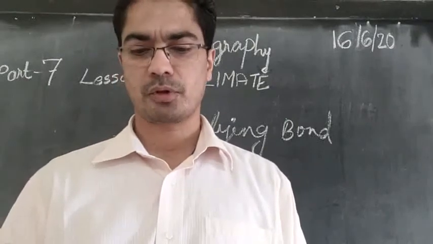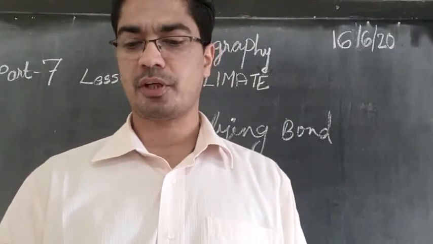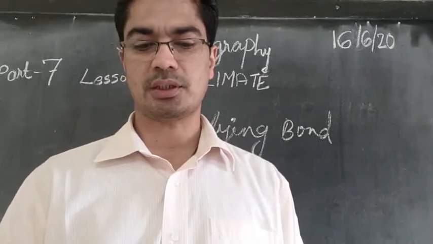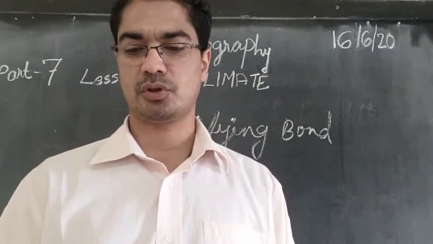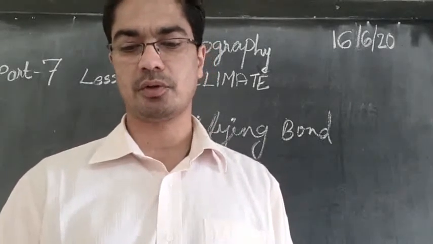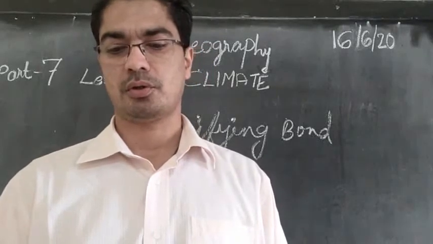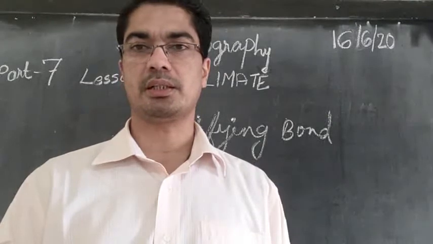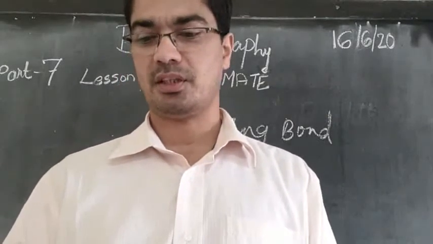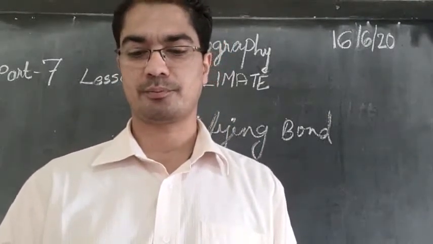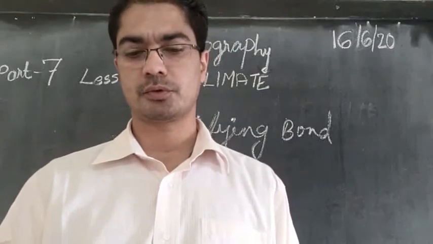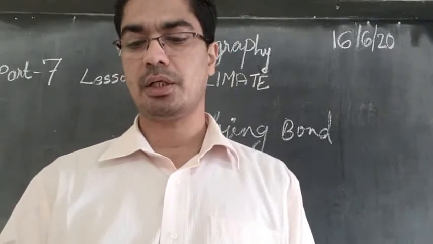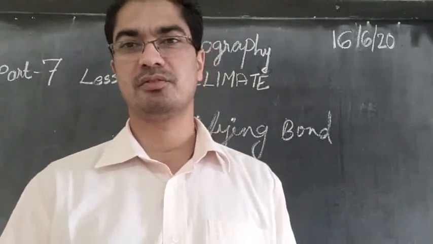Number 3. Which one of the following causes rainfall during winters in the northwestern part of India? During the winter they receive rainfall due to what cause? It is called western disturbances, number C. Then question number 4. Monsoon arrives in India approximately in which month?